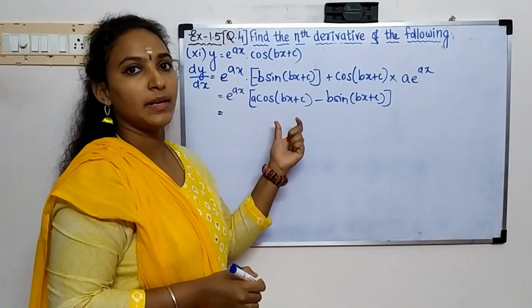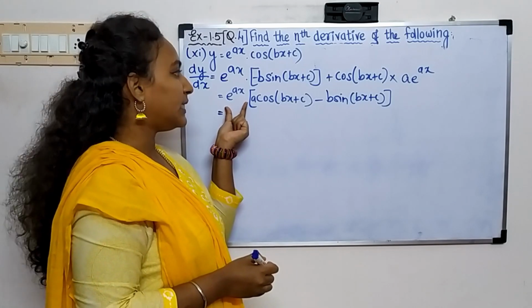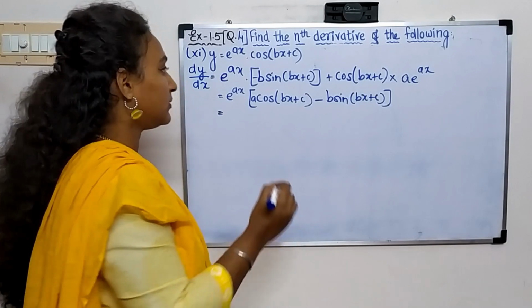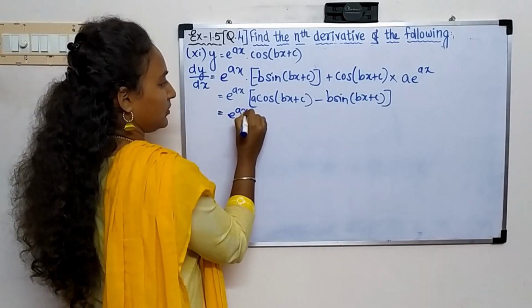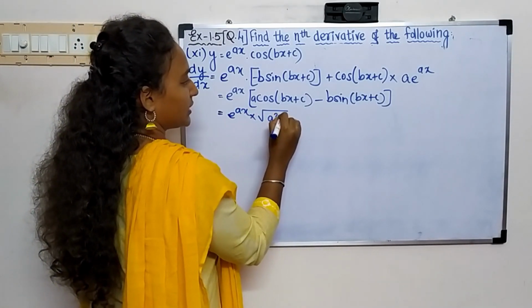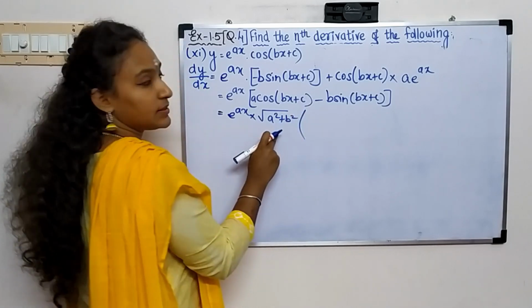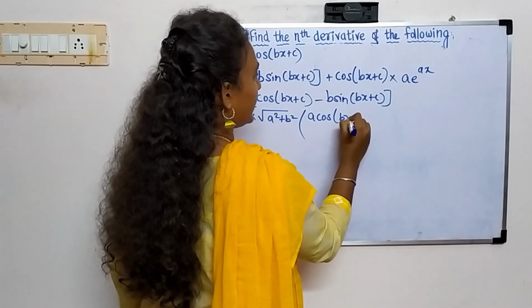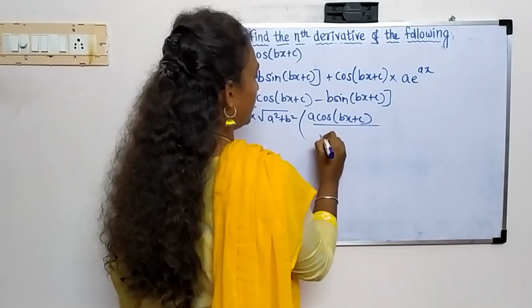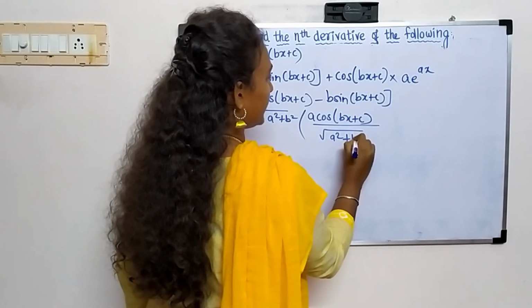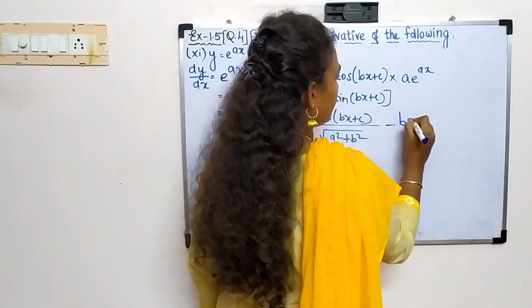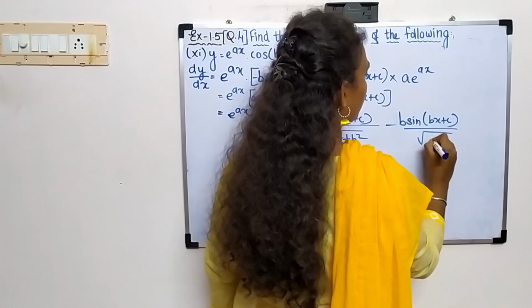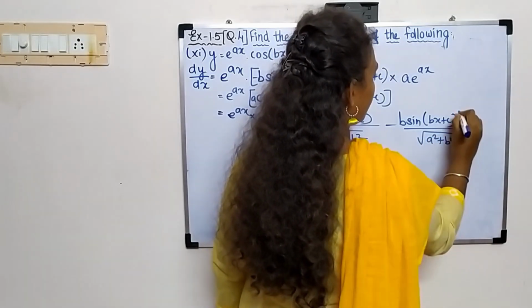In this step we are going to multiply and divide by root of a square plus b square. This is common for both. So a cos bx plus c upon root a square plus b square minus b sin bx plus c upon root a square plus b square.